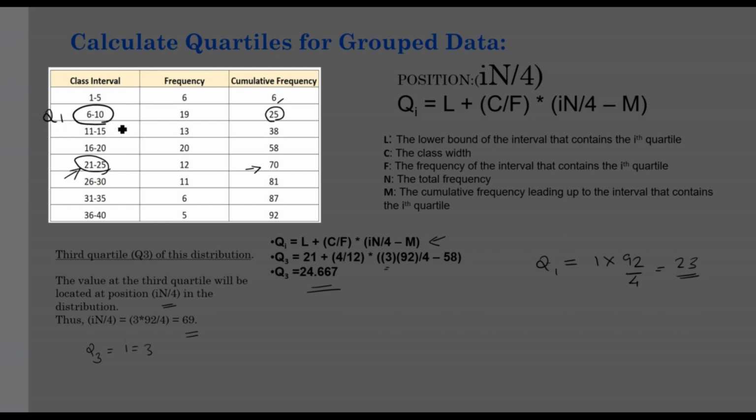Now we can easily apply all the values to find Q1. Then for Q2, 2 into 92 divided by 4 is 46. The 46th value is up to 38, so it comes under this interval. After applying all these values in the equation, I am not repeating, we will get the values for Q1, Q2 and Q3.